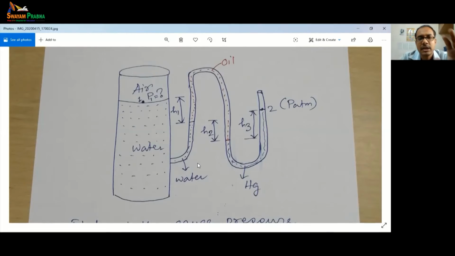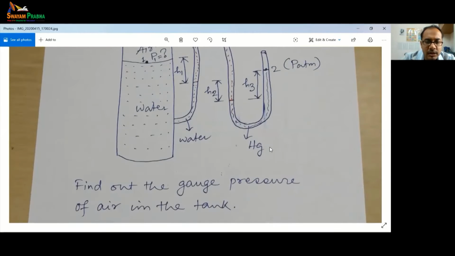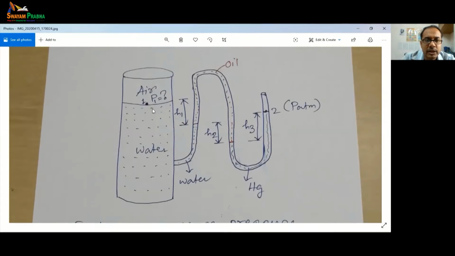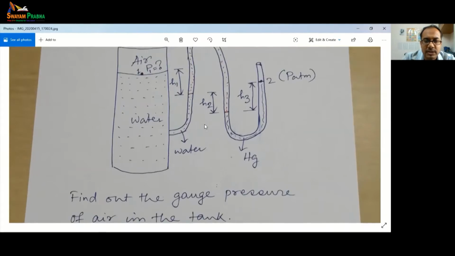So this is the basic construction of the manometer, and what is to be found out? We need to find the gauge pressure for air inside the tank. What is given?